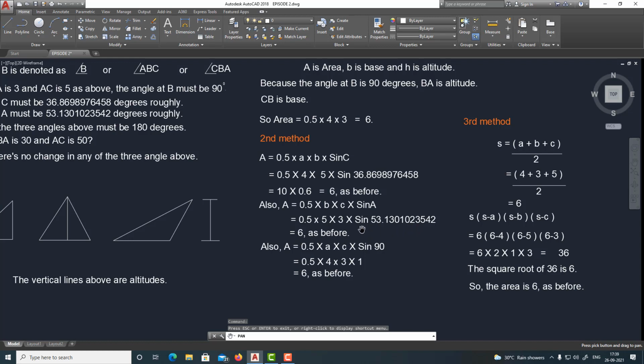So if we find out the value of the sine of this angle and multiply with these numbers, 6 will come, and this 6 is equal to this 6 and this 6.